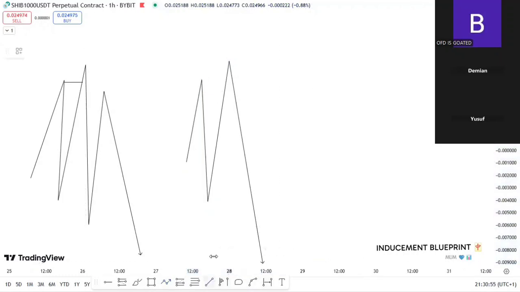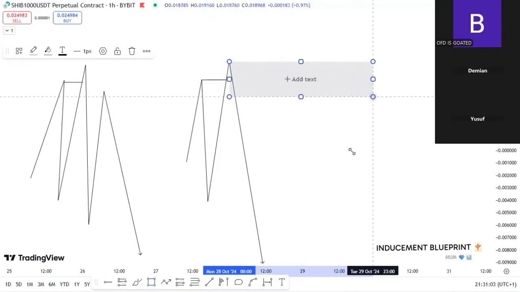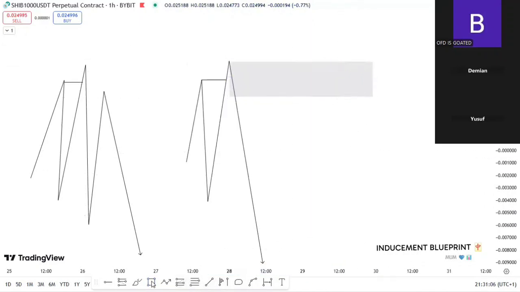Sweep here and then supply. As for this other one, after the sweep, we also have our engineering liquidity, and then we had the final break of structure to the downside.